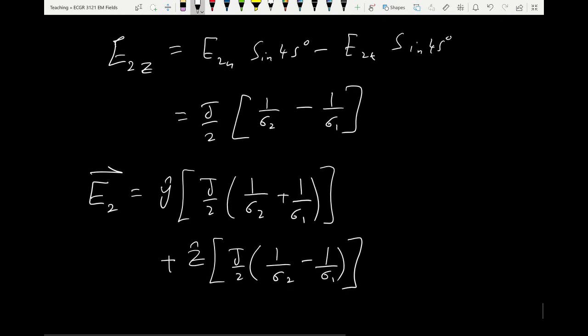Notice if sigma 1 equals sigma 2, the z component becomes 0, and naturally we end up with the field being just in the y direction, nothing changes.